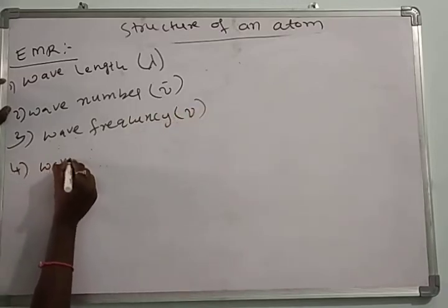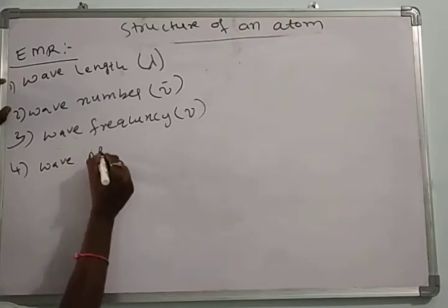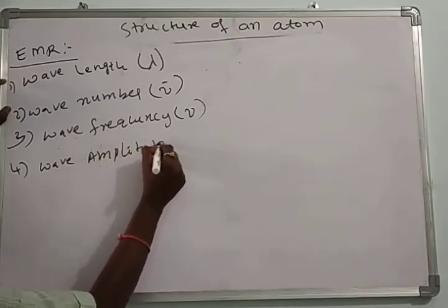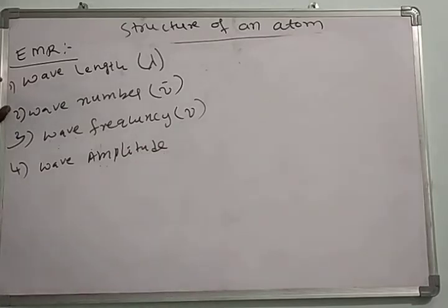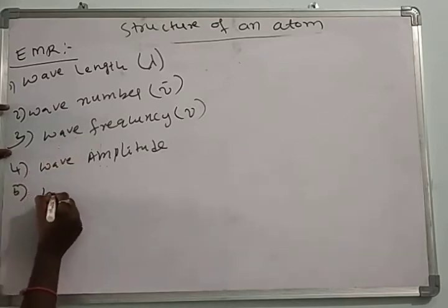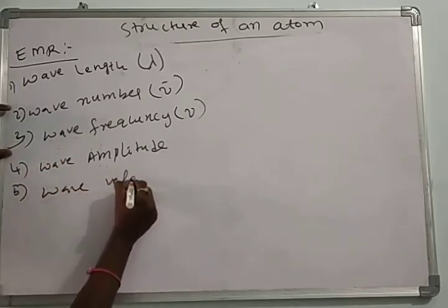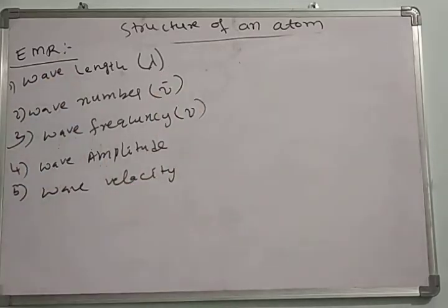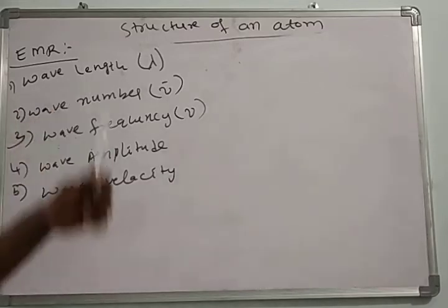Wave amplitude, wave number, wave velocity. These are the different terms used for the measurement of electromagnetic radiation.